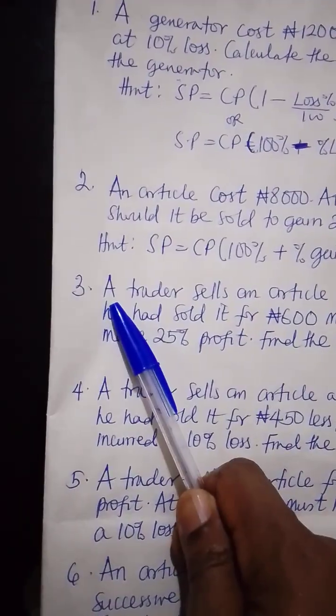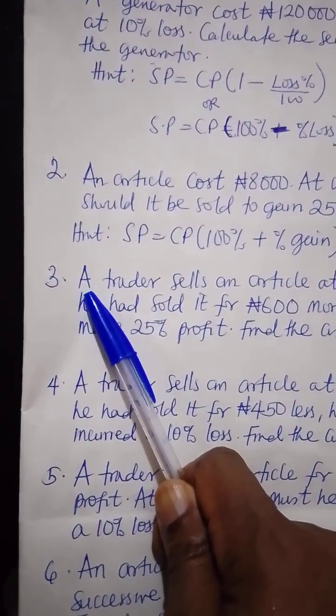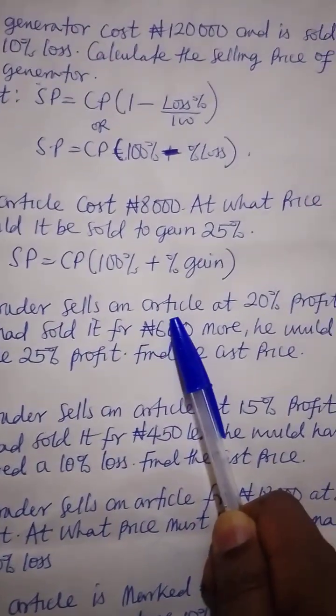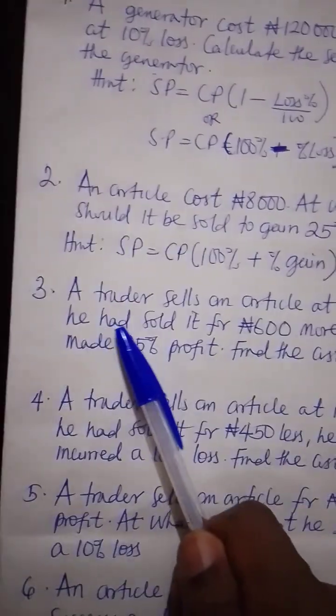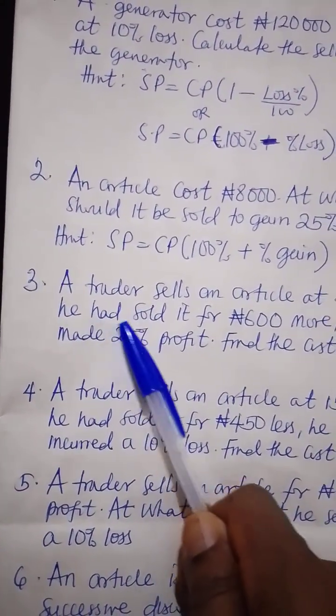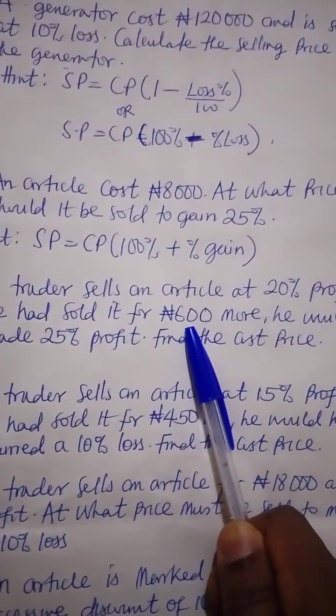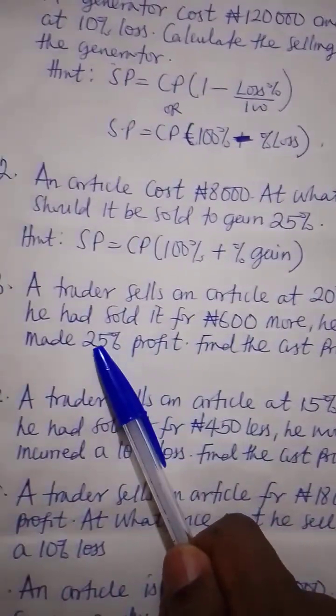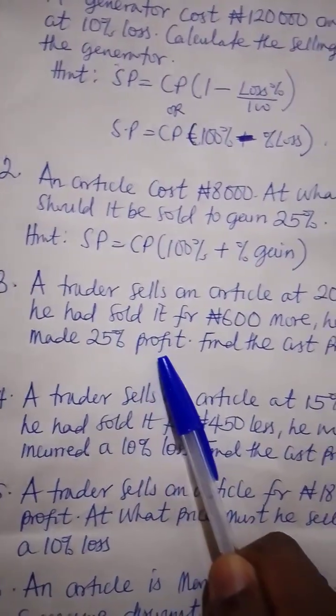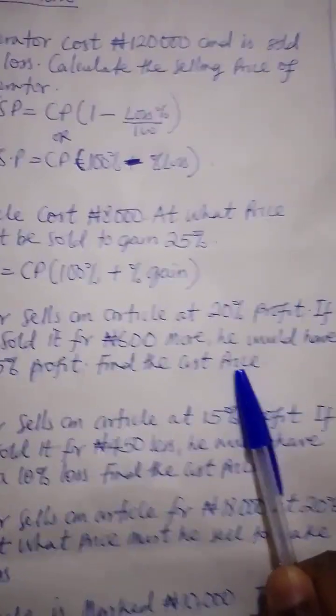Question number 3. A trader sells an article at 20% profit. If he had sold it for 600 naira more, he would have made 25% profit. Find the cost price.